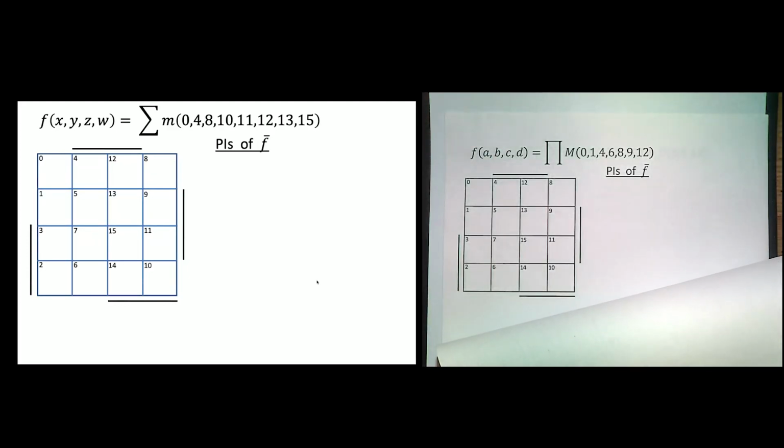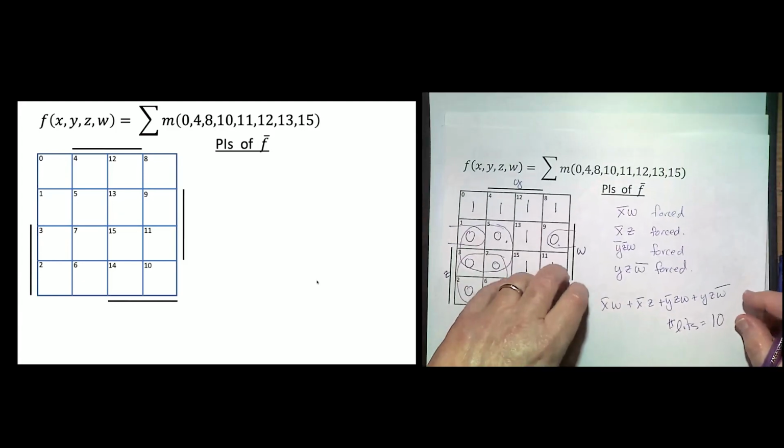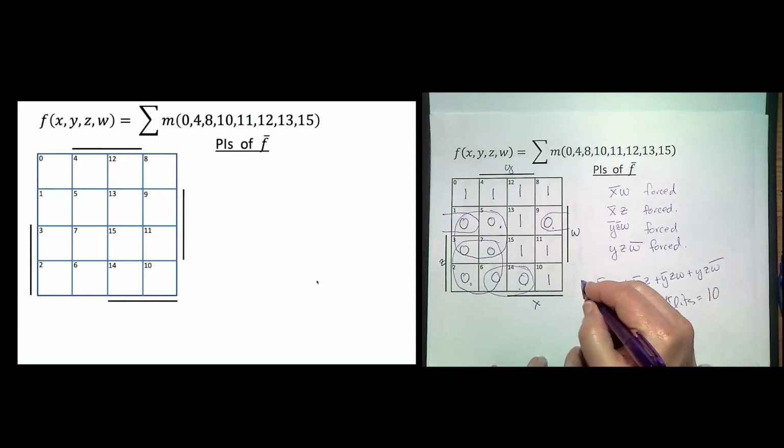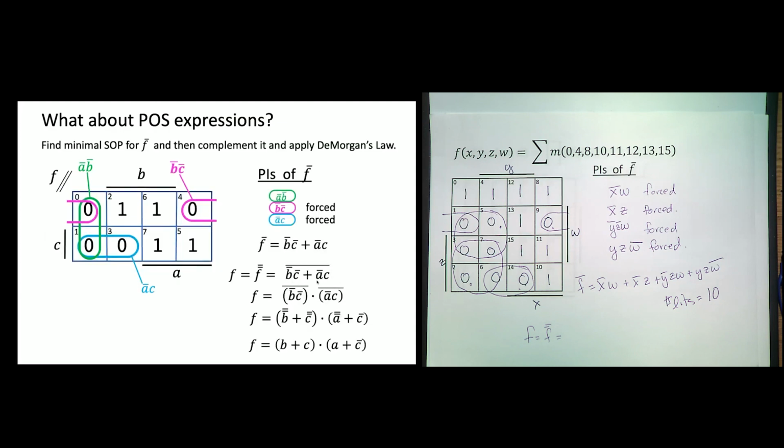Should we do another one or not? Oh, good point. All right, so this is F bar, right? So what is F then? Well, we could do the same steps I did here, or you can notice that each one of these is going to become a sum term, and you need to invert the complemented and the uncomplemented.